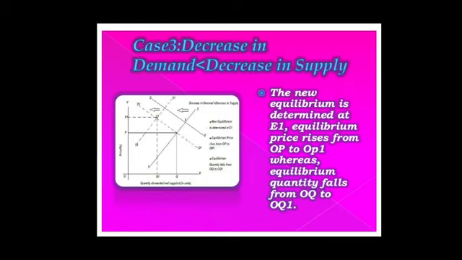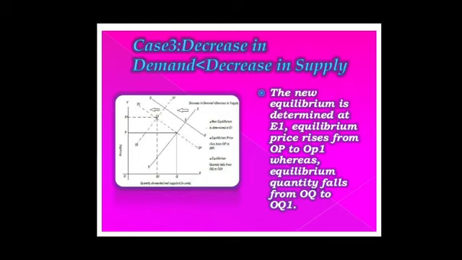Dear students, here we can see that due to decrease in demand, the demand curve shifts leftwards from DD to D1 and supply curve also shifts leftwards from SS to S1.